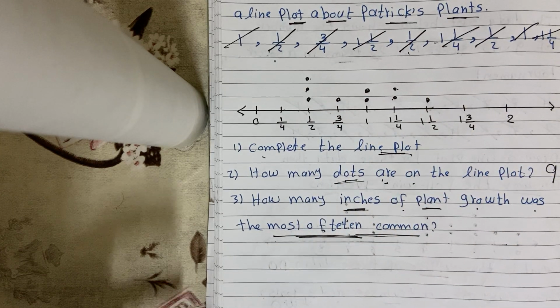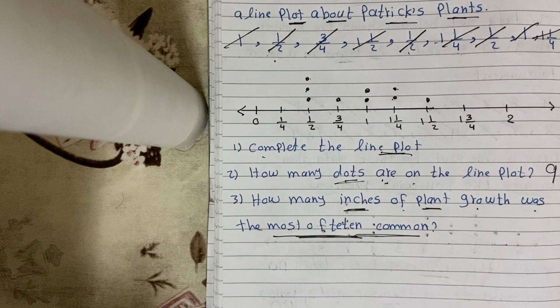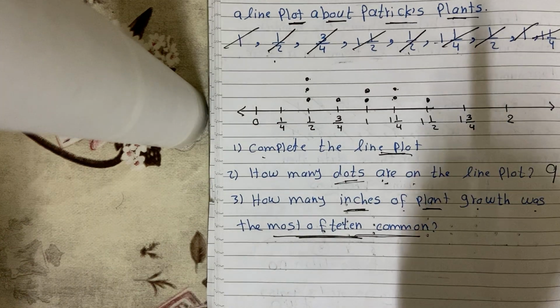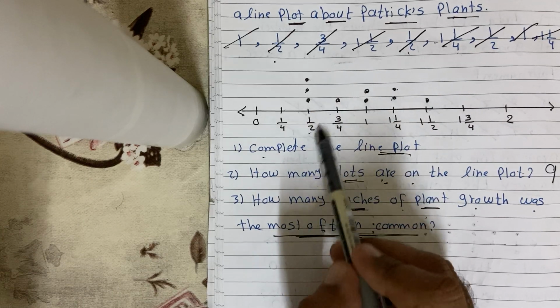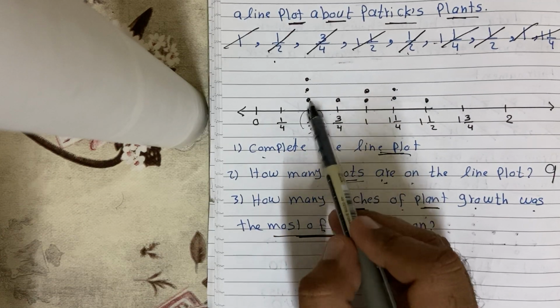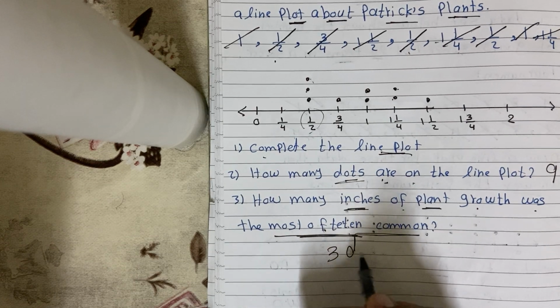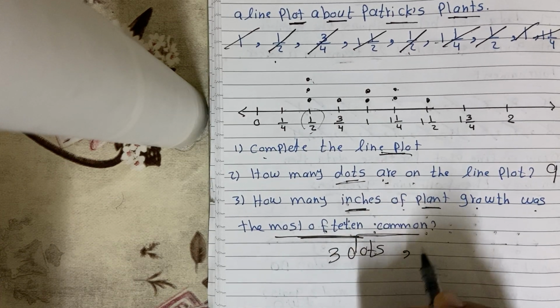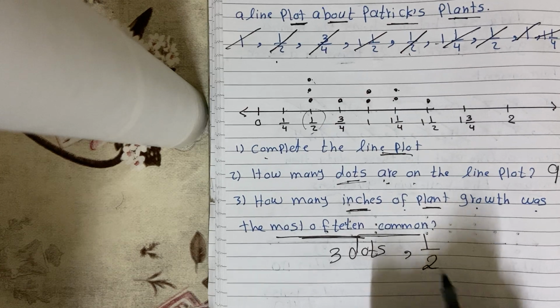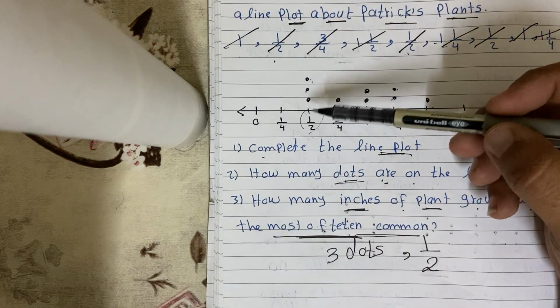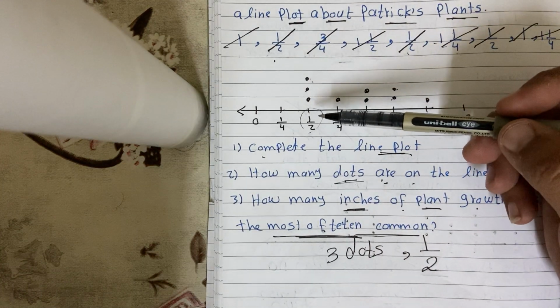Most often, as I told you before, is the number which has the greatest number of dots. Most often, this half has 3 dots. So the answer is half, because this is the most often.